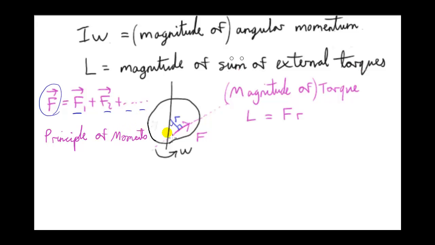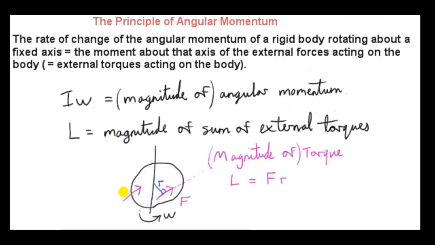So using that principle, we will be able to get the position of the resultant force vector acting on the body. Knowing its position, we can get its distance to the axis of rotation. And from that, we can get the magnitude of the resultant external torque on the body. So we'll denote that by L. Okay, so that's the right hand side of this equation.